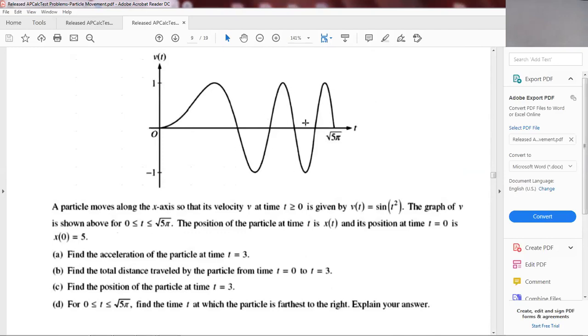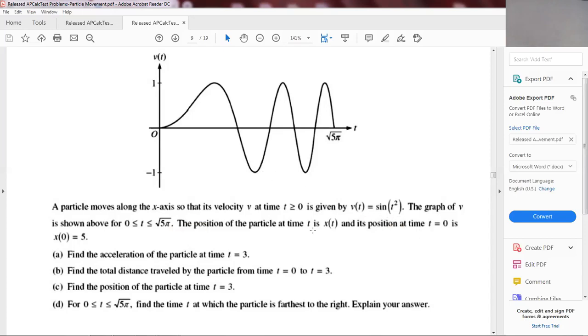The last root is square root of 5 pi, beginning at 0. It goes from 1 to -1, right? And here it is explicit. The function is v(t) equals sine t squared, correct?